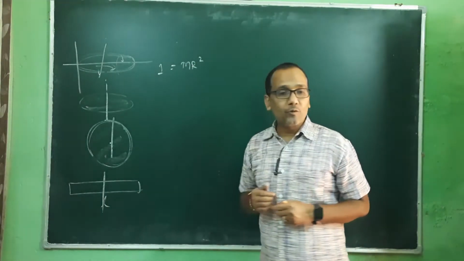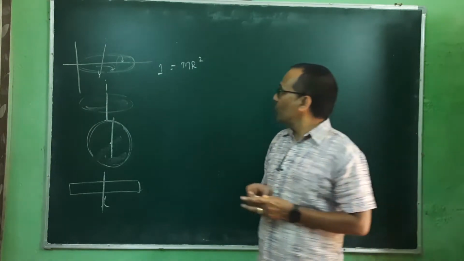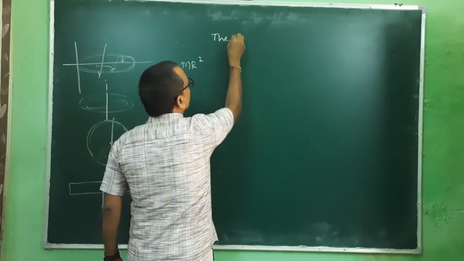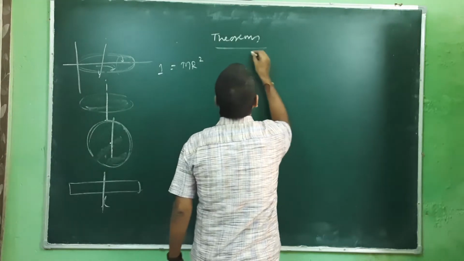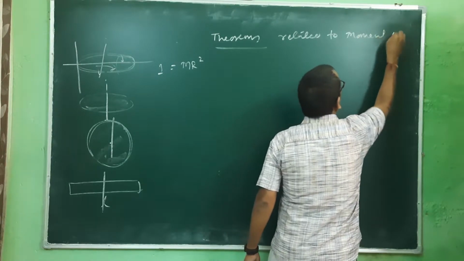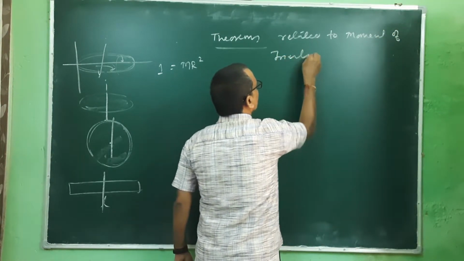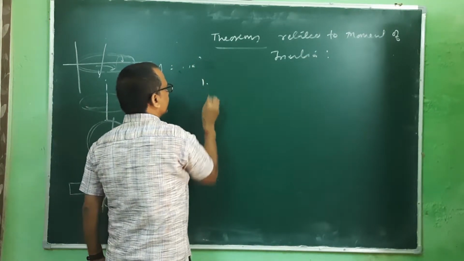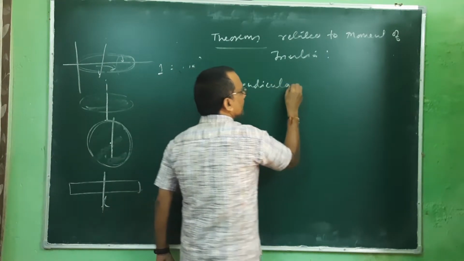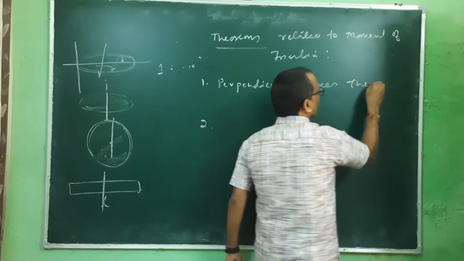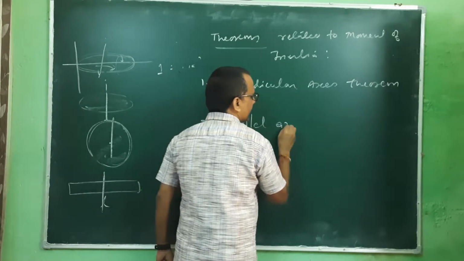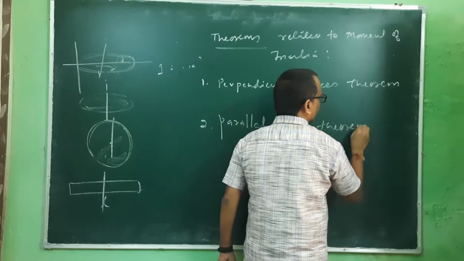Then we use some theorems related to moment of inertia, and we have two theorems related to moment of inertia. One is the perpendicular axis theorem, and the second one is the parallel axis theorem.